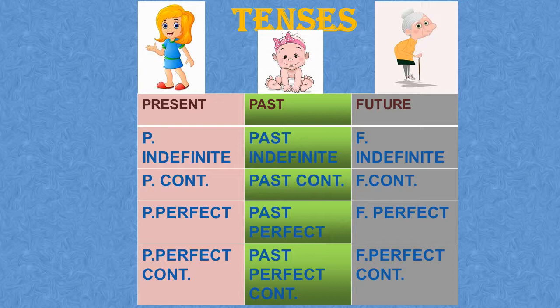Past tense: past indefinite, past continuous, past perfect, past perfect continuous. Future tense: future indefinite, future continuous, future perfect, future perfect continuous.